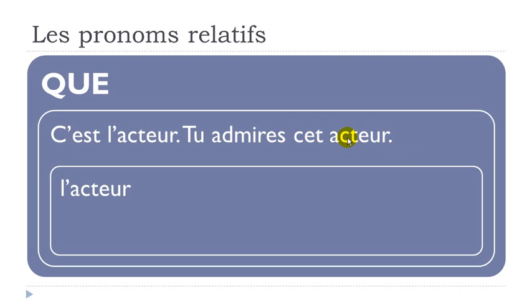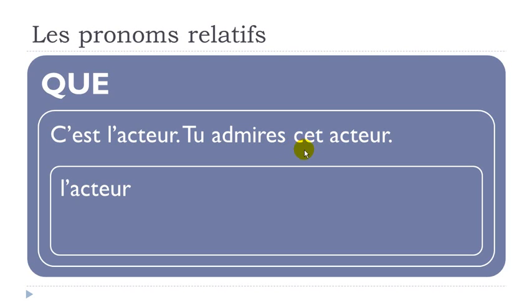Okay, and then if we look carefully, so what we saw is that cet acteur is, well, first it's a complement, okay, it will complete the subject and the verb. Then it is what we call grammatical objects, and if you look carefully between admirer and cet acteur, we don't have anything, so we don't have any preposition, so it does mean that it is direct, okay?